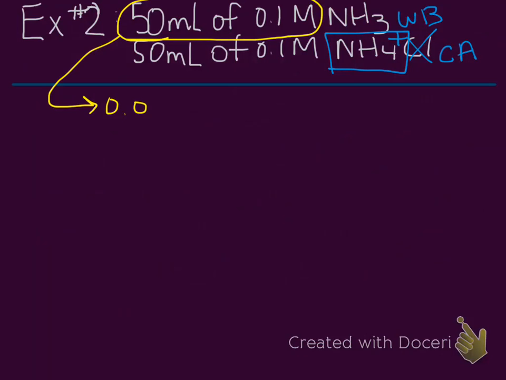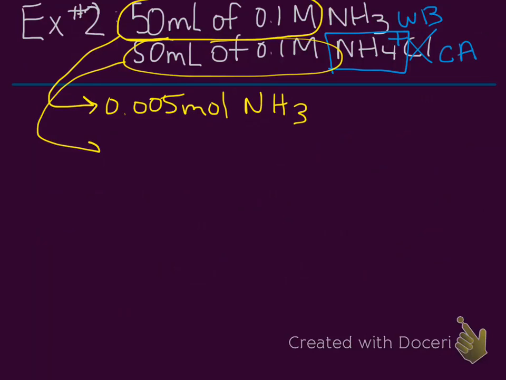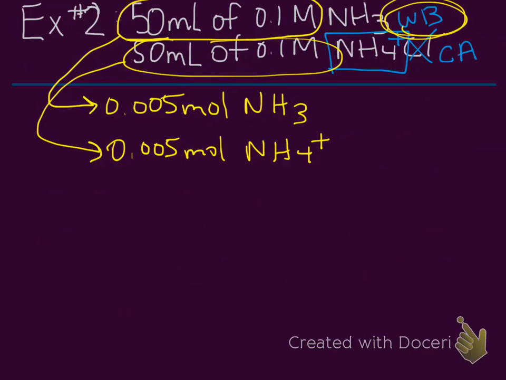So you've got 0.005 moles of your weak base, and you would have 0.005 moles of NH4 plus because we don't care about the Cl minus. All right, so in this case, we're going to want to use the pOH because we have a weak base, and that is what we have the pKb value for.